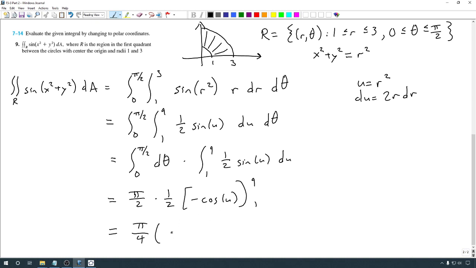And then here we'll have cosine of 9, but with a negative, minus the cosine of 1 with a negative. We'll just swap the orders of that. We'll have cosine of 1 minus cosine of 9.